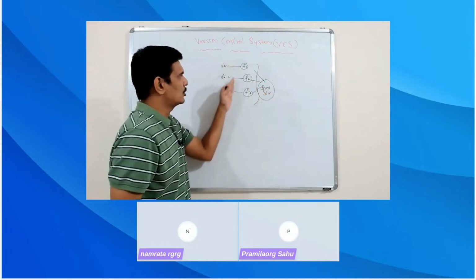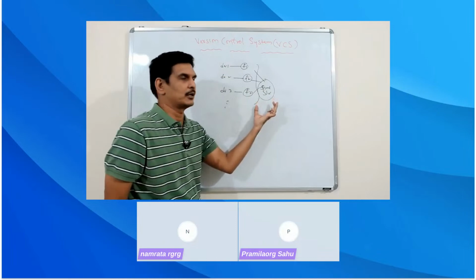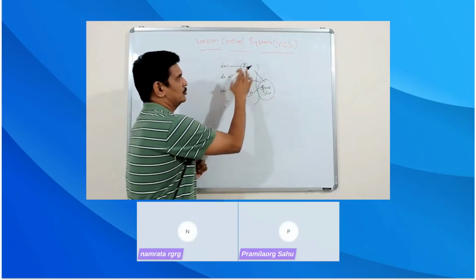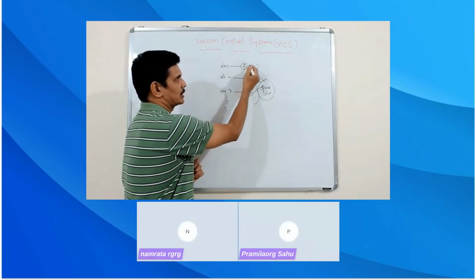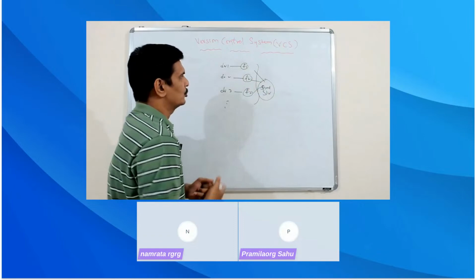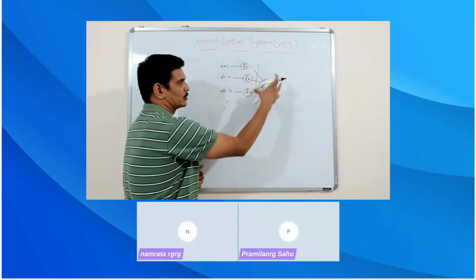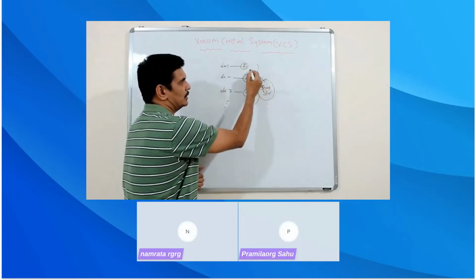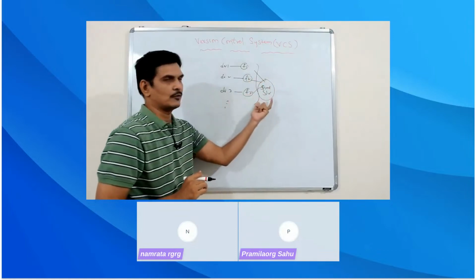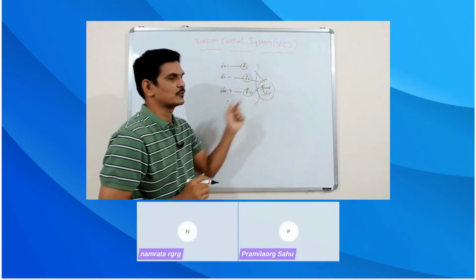And when you try to merge all the code into one single final software, there will definitely be conflicts, because each and every individual developer is trying to merge all the code into one single unit. So at the time of merging all the code into one single unit, there will definitely be conflicts between the code. And it is very difficult to fix those conflicts once the entire code is merged.